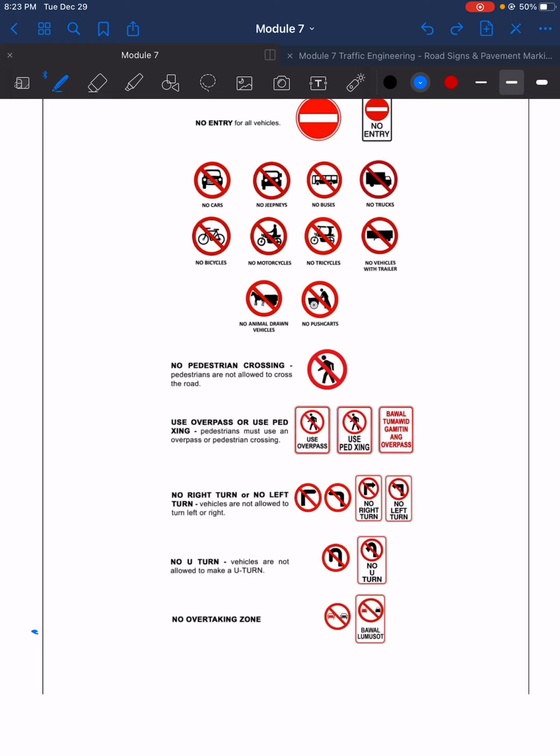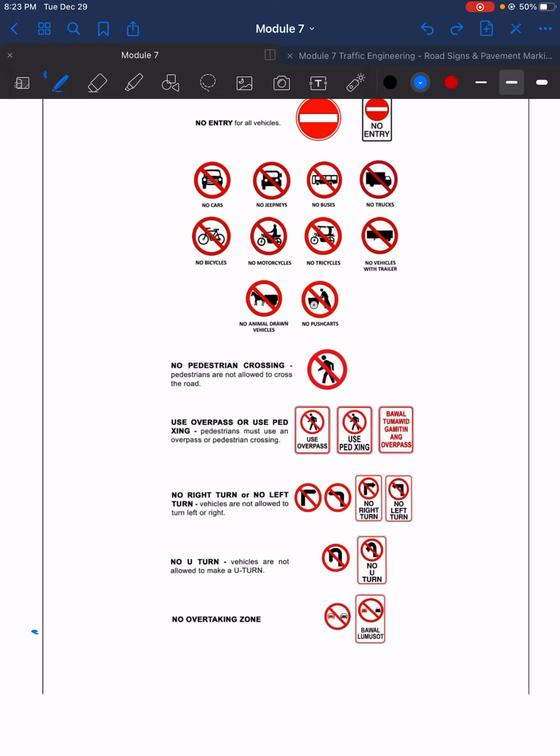Use overpass or use fencing. Pedestrians must use an overpass or the pedestrian crossing. Kaya siya tinawag na fencing, para kapag isusulat na siya sa plate type, fencing na lang. Or in Tagalog, bawal gamitin ng overpass.